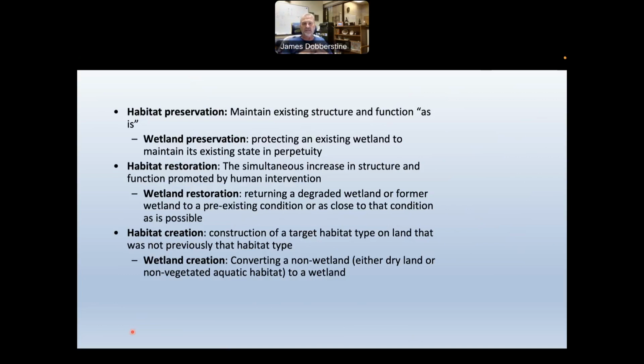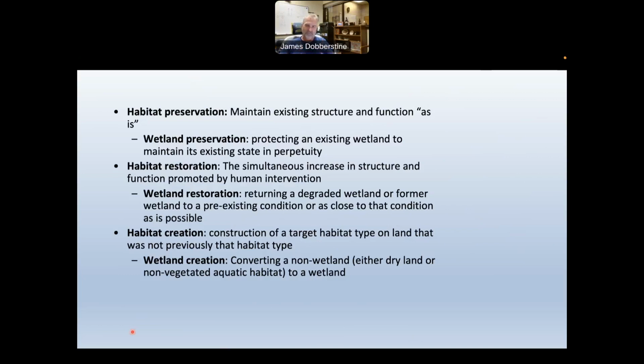This is where we're going in and trying to increase the structure and function through some sort of intervention, right? That might be planting, it might be invasive species removal, it might be any number of different things. And here again, with wetlands, it's the same thing, right?